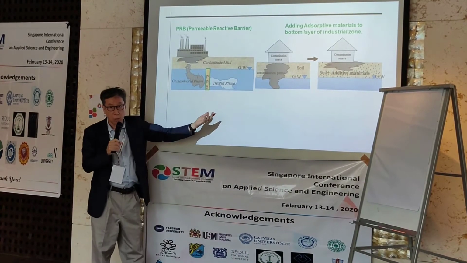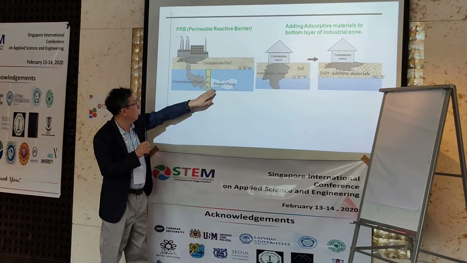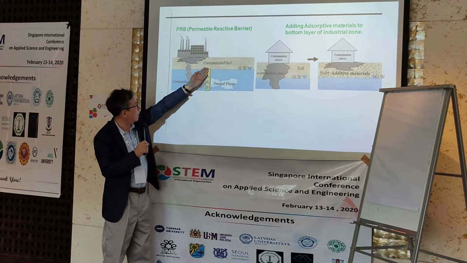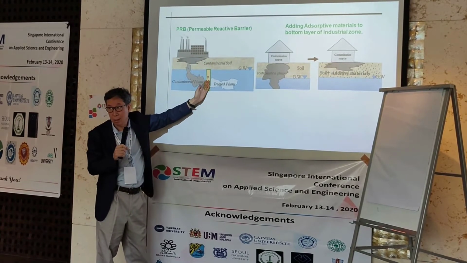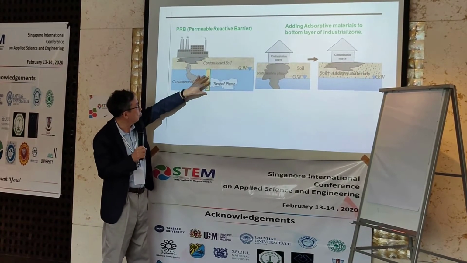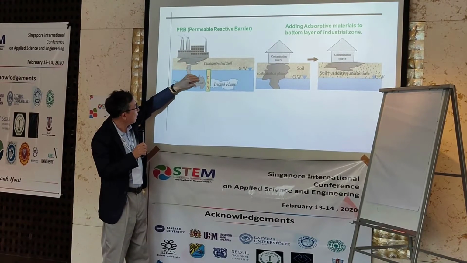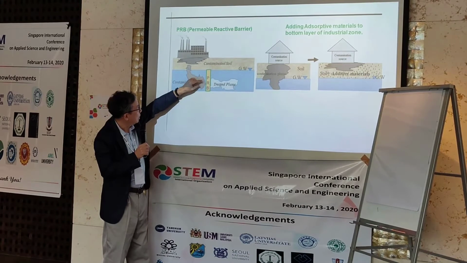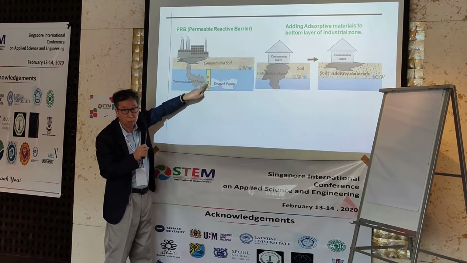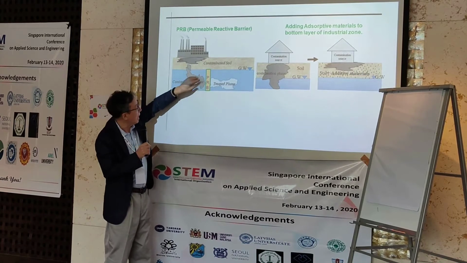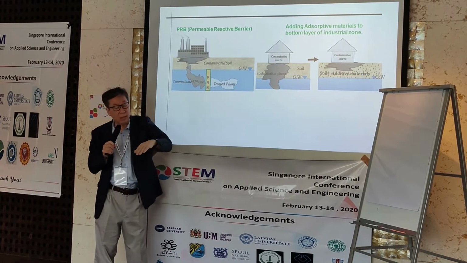And this is for the soil layer, and this is for the groundwater. I can set up some permeable filter layer in the groundwater zone. Then when we have some contamination, these contaminants can pass through this permeable layer or filter, and the contaminant level can be reduced.